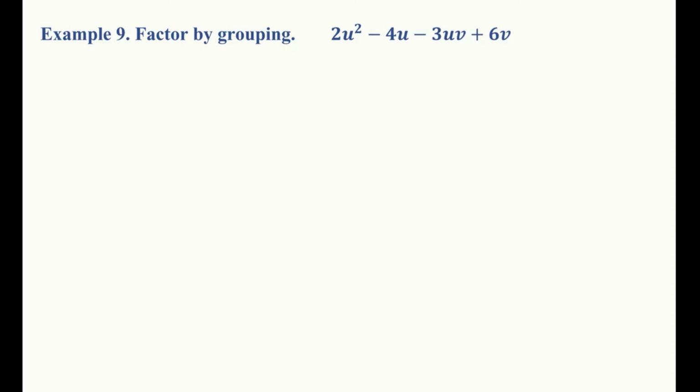There's a little point in it that I'm hoping you'll catch. All right, welcome back. Notice in the first two, if we just group them like this, those two and then those two, in the first two terms we have a common factor of, you guessed it, 2u.